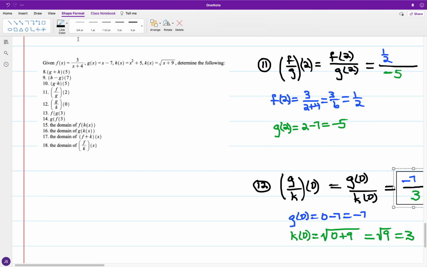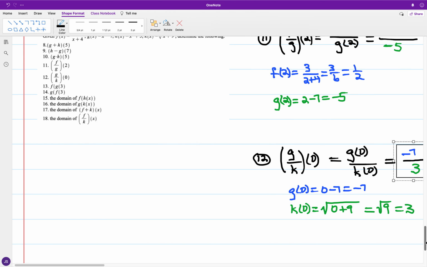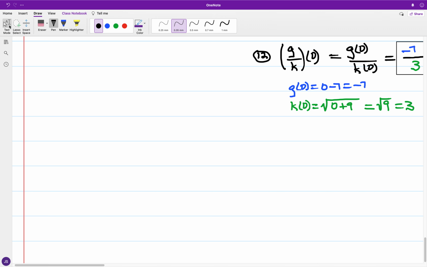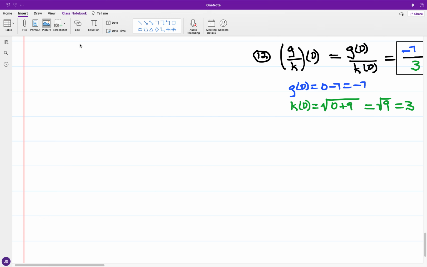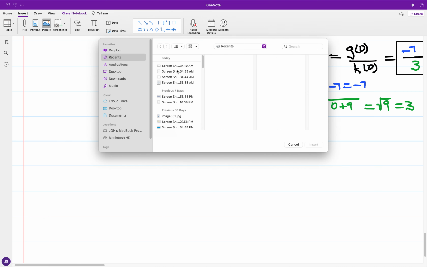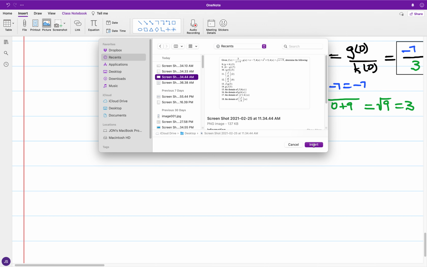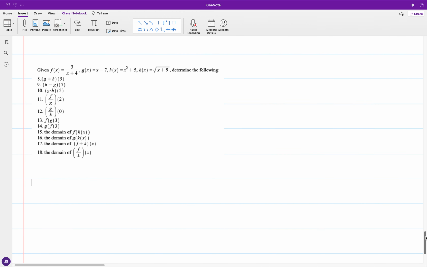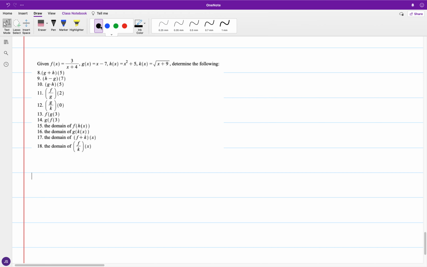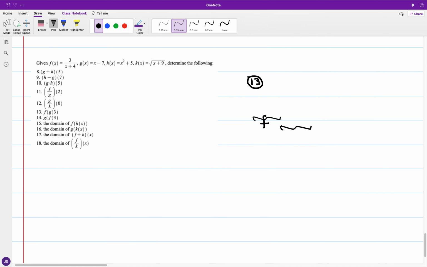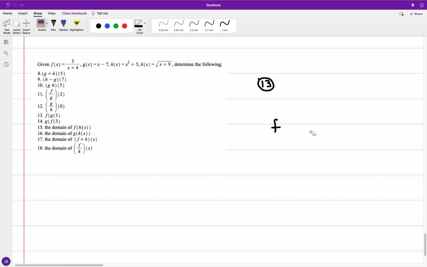So with 13, you have f composed with g of 3.